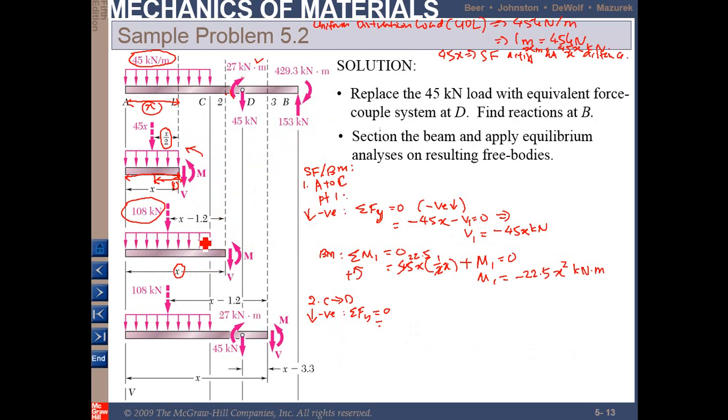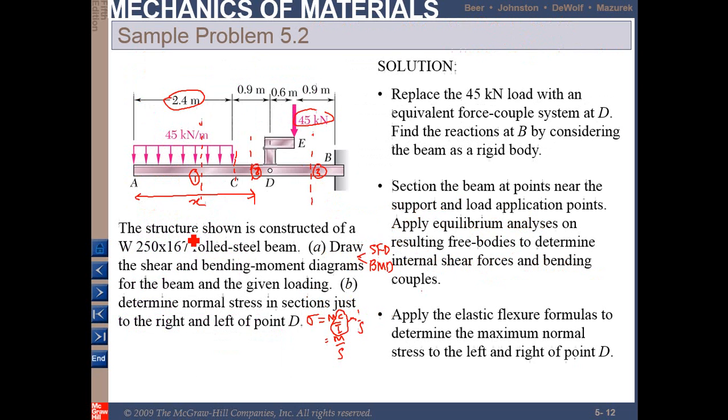Because this 108 is acting in the middle of the uniform distributed load, in the middle of 2.4. So 2.4 divided by 2, this is 1.2 meter from here to here.